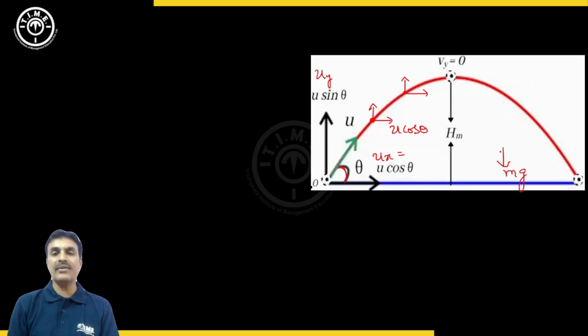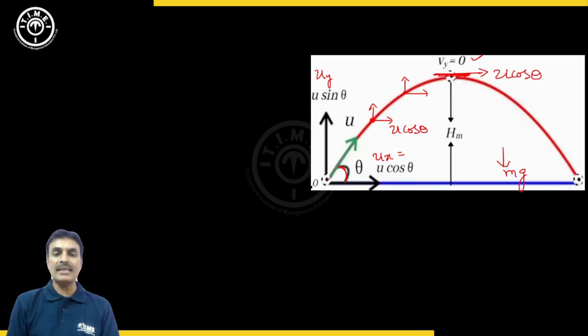So due to this gravitational force, the vertical component of velocity changes, but there is no change in the horizontal component of velocity. At the highest point, the vertical component of velocity becomes zero, but the horizontal component will remain u cos theta.